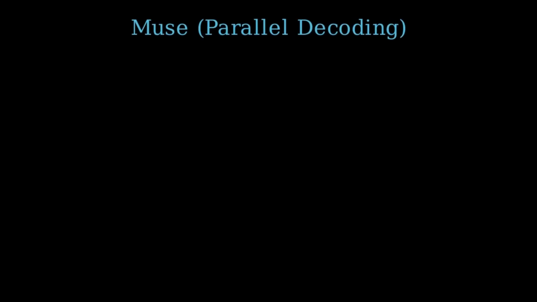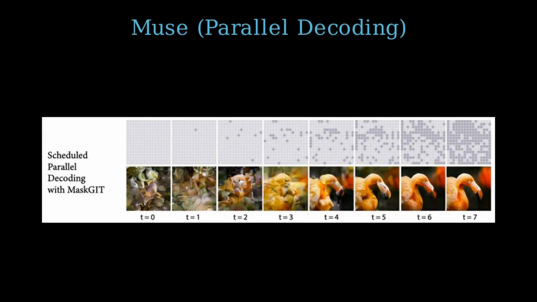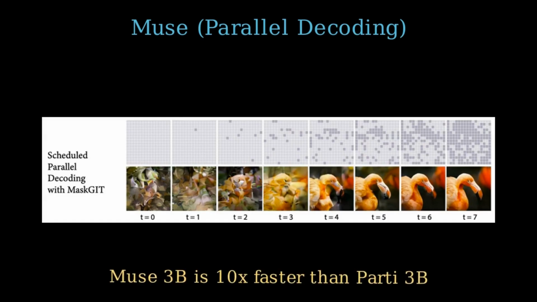To overcome this severe speed limitation, more advanced models like Muse introduced a revolutionary technique called scheduled parallel decoding. Instead of painstakingly predicting just one token at a time, the Muse architecture utilizes a bidirectional transformer that is capable of refining and predicting all tokens simultaneously.